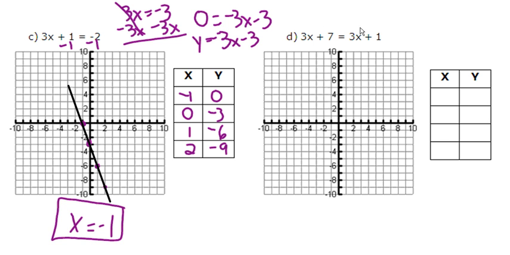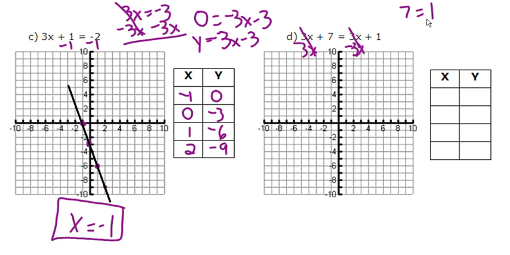Last one. Again, I see everything on both sides, so I need to move it to the right side. So I'm going to subtract 3x. 3x minus 3x cancels out, and I'm left with 7 on the left and 1 on the right. That's okay.